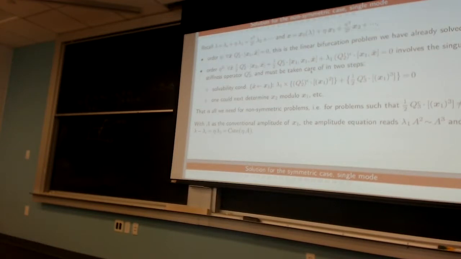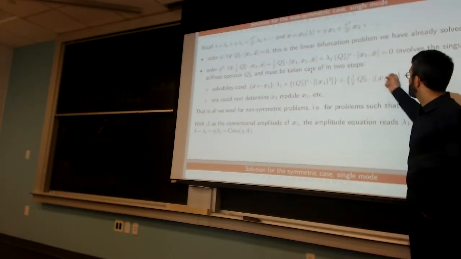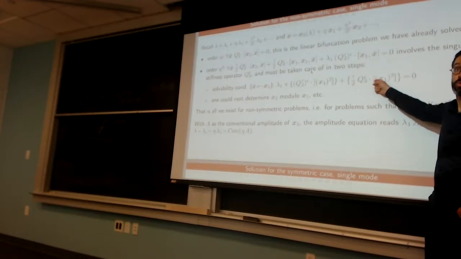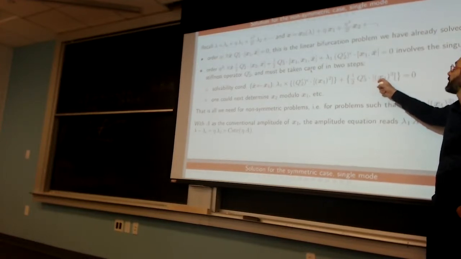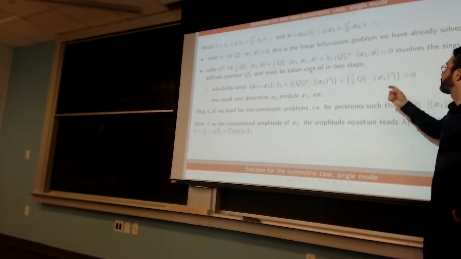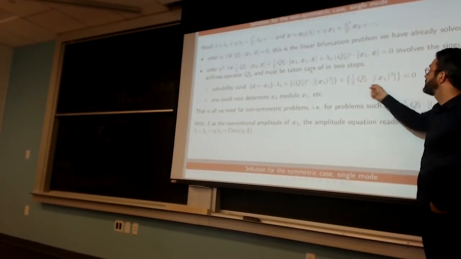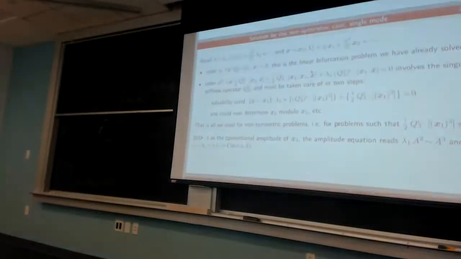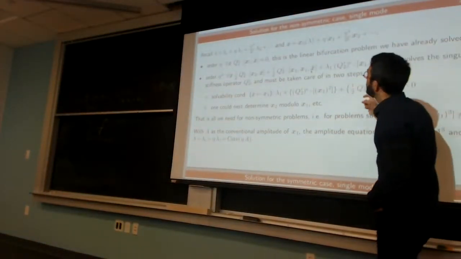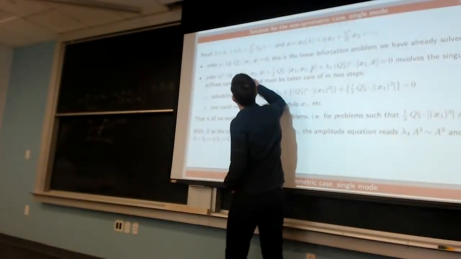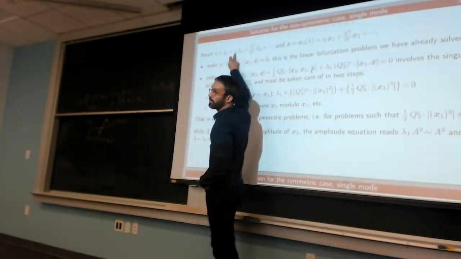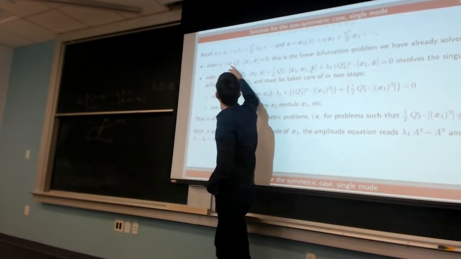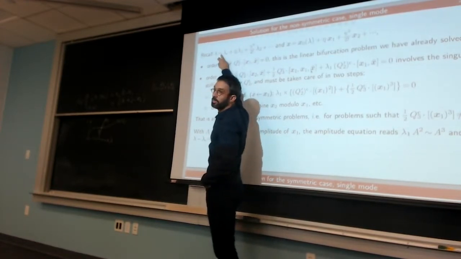Now there are many problems for which this operator is actually 0, and we've seen that it's the case for the elastica. And actually it's basically any problem where there are underlying symmetries, this is going to be 0. So what that gives you is lambda 1 equals 0. And so if you have lambda 1 equals 0, at this stage you can't connect the parameter eta, which is a virtual parameter, to an increment of load.